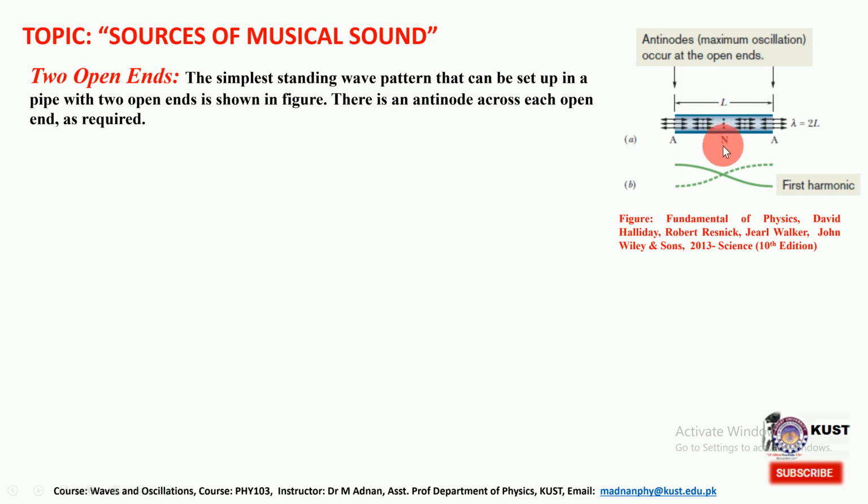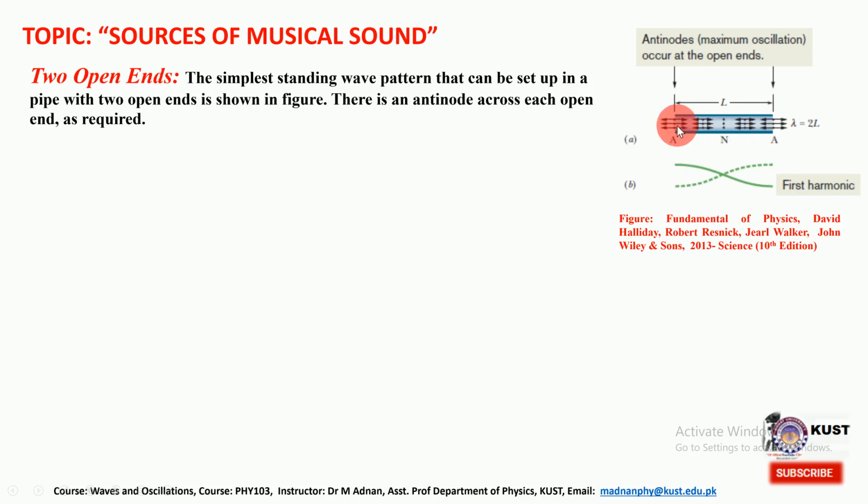When we were discussing the nodes on a straight string, we were saying that transverse to the propagation direction, they had zero amplitude. So now we will say that they are not moving longitudinally. And we also discussed that antinodes are those points which have maximum displacement.